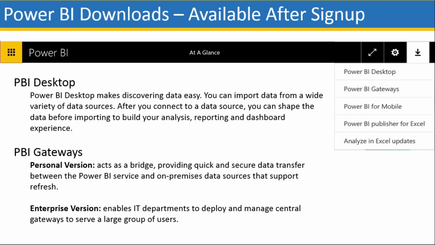So you can import the data from a wide variety of data sources, connect and build your own analytical model and reporting solution within a desktop. And it gives you a facility to connect to the Cloud BI, the Power BI site, and then publish all your reports over there. The Power BI gateways act as a bridge.